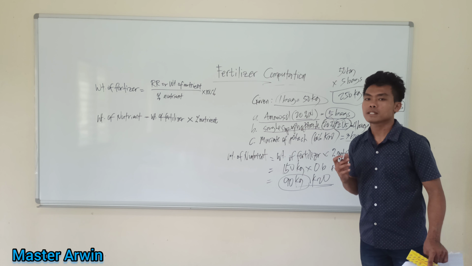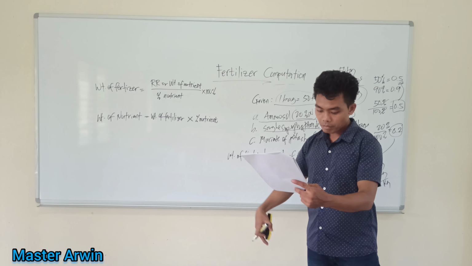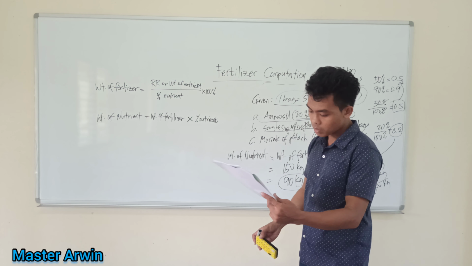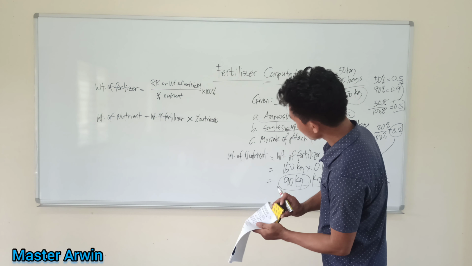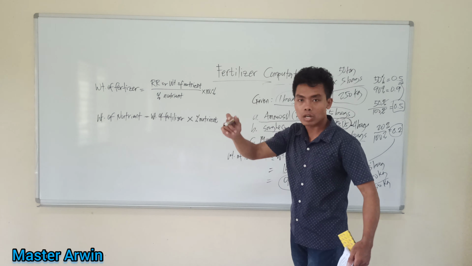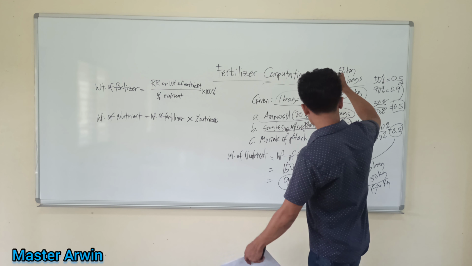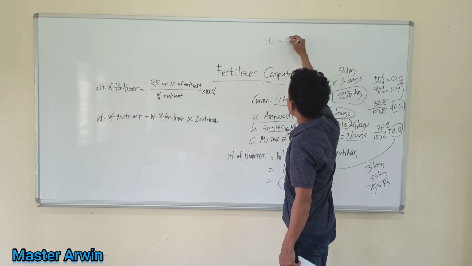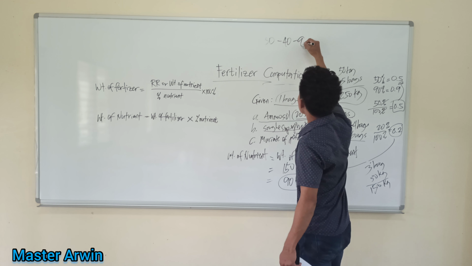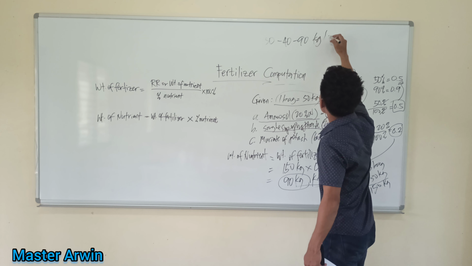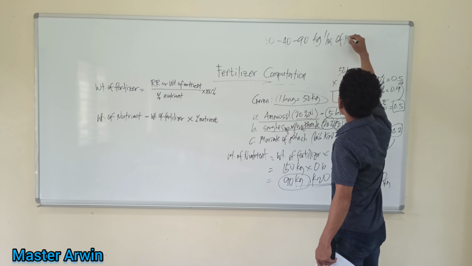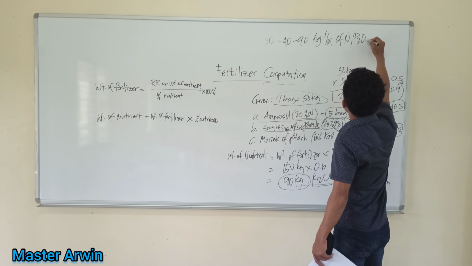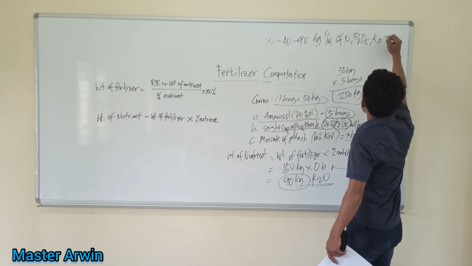So that's the process, guys. So the answer would be, in 1 hectare, you applied 50, then 40, then 90 kilograms per hectare of N, P2O5 and K2O.